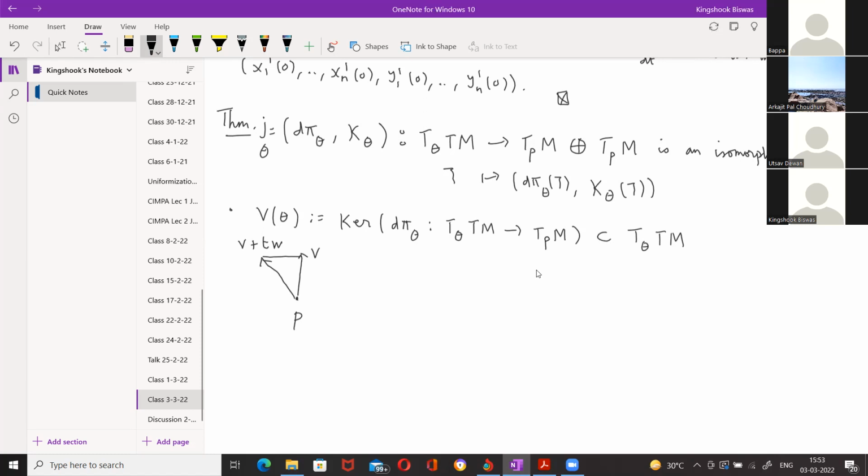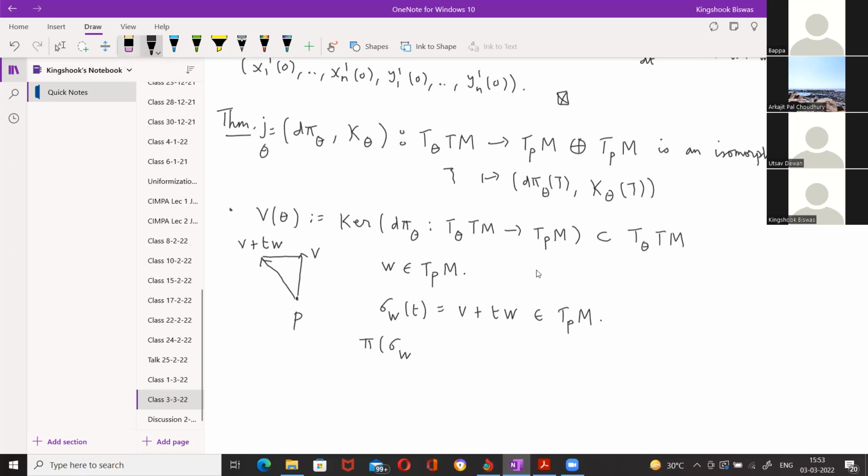Let me take a w in TpM and define a curve sigma w of t, which is p comma v plus tw in TM.